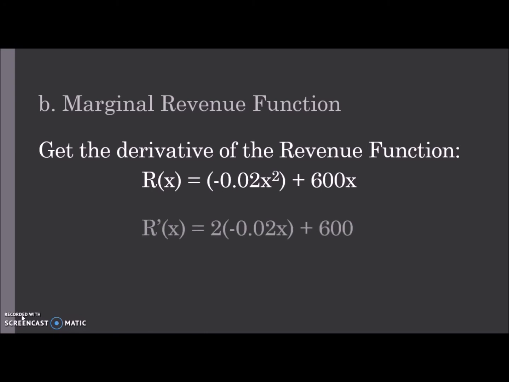So we're going to have R prime x is equal to 2 multiplied by negative 0.02x plus 600. So distribute 2. We will have R prime x is equal to negative 0.04x plus 600. So here's our second answer. This is our marginal revenue function.